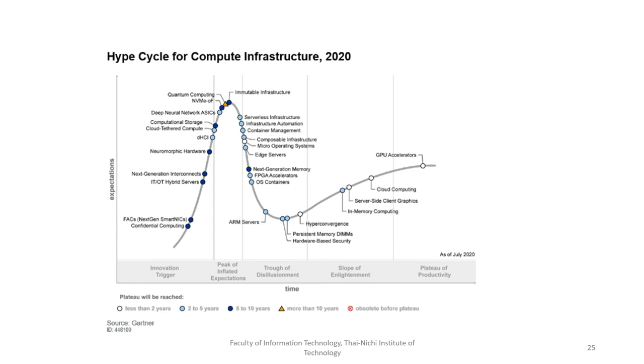So this is the hype cycle which we see every year. This has been published by Gartner, so we can see and monitor the trend. So far I haven't seen anything related to a 2021 version, so this is the latest version I have right now.